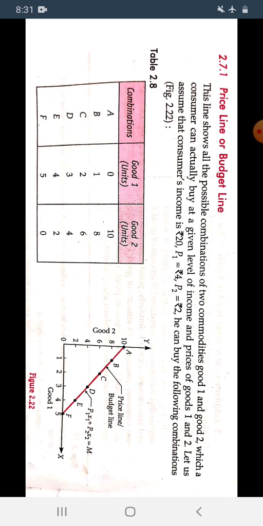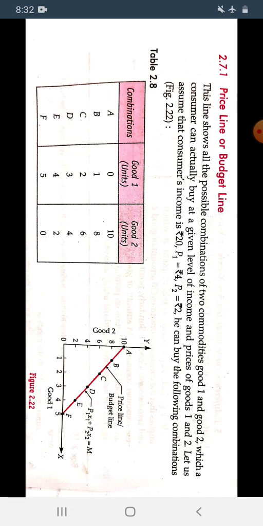It is the combination of the two goods that a consumer can buy at the given prices with the actual income of the consumer. A budget line shows the different possible combinations of goods a consumer can buy from his income, with the prices of the two goods given.